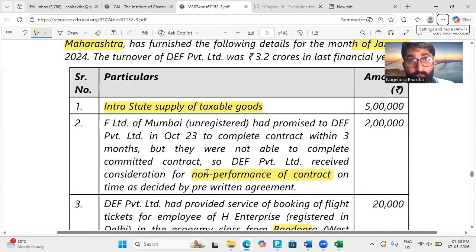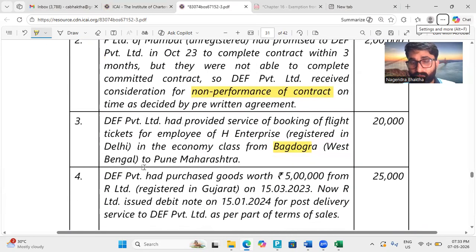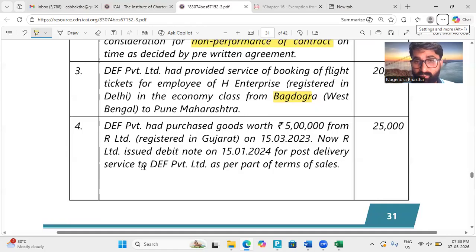Now we are in 2024. Now, R Limited issued a debit note on 15th of January 2024 for post delivery services to DEF Private Limited as per the part of the terms of the sale.